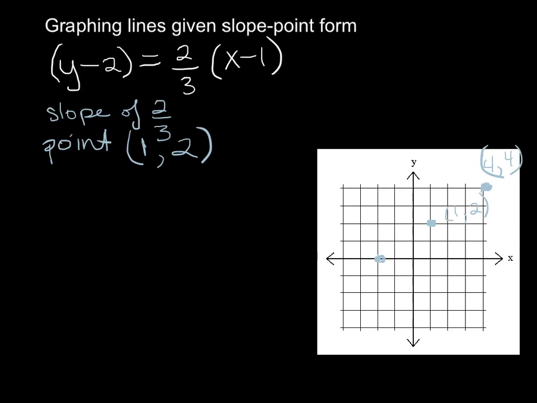So let's see, our straight edge, and then we can connect these 3 points and graph our line. And we put nice little arrowheads on the ends, and there you go. Your line is graphed. Okay, let's do another example.